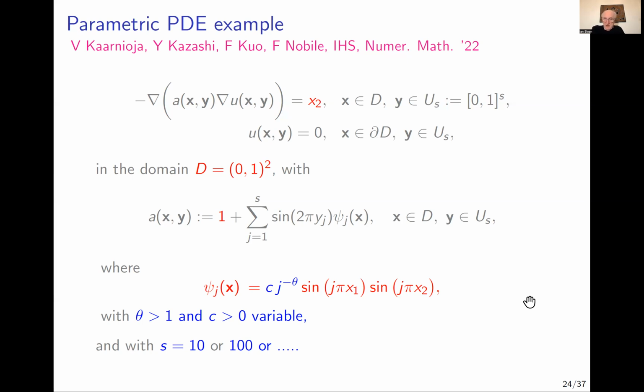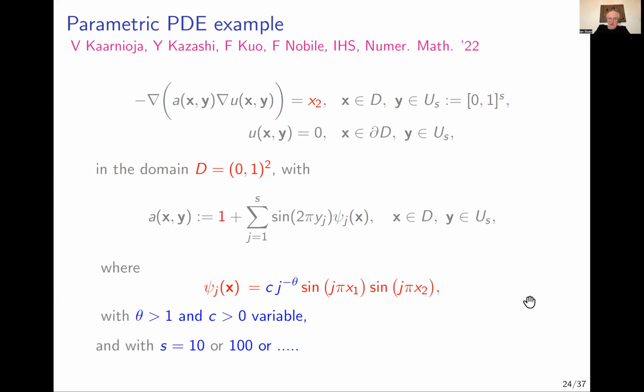The mean value is 1 plus the sum over j of sine 2 pi y_j psi_j, with particular psi_j. I just dwell on the psi_j a little because it's how you choose the psi_j that matters. Our psi_j is a constant times sine 2 pi x1 sine 2 pi j x2. But what I really want to focus on are those numbers out the front, c and j to the minus theta.